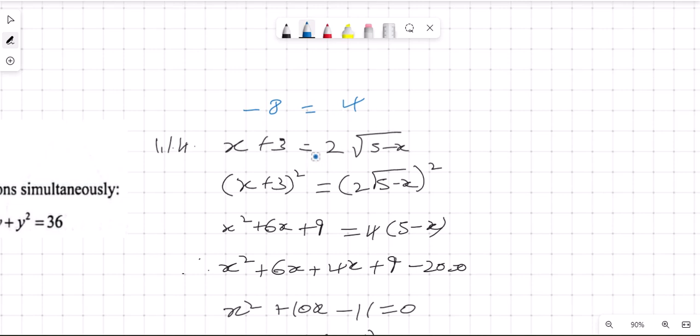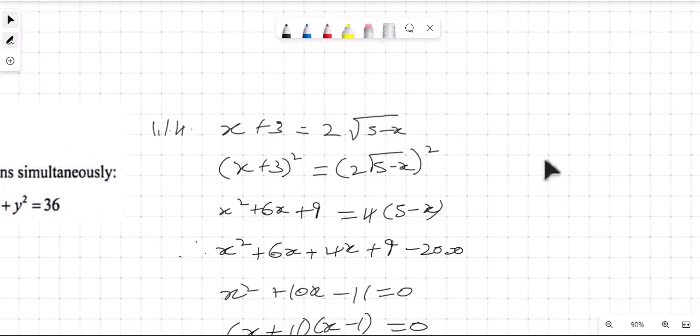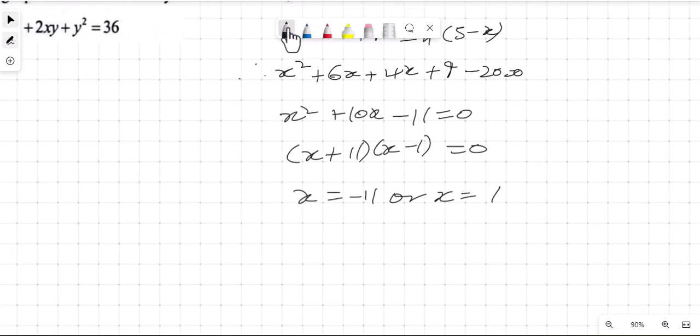And then if we put negative 11 where there is x, 5 minus negative 11, I'm going to have 5 plus 11, which is 16. Square root of 16 is 4. 2 times 4 is positive 8. So negative 8 and positive 8 are not the same, meaning negative 11 is not the solution. Then we cross it, and we are done.